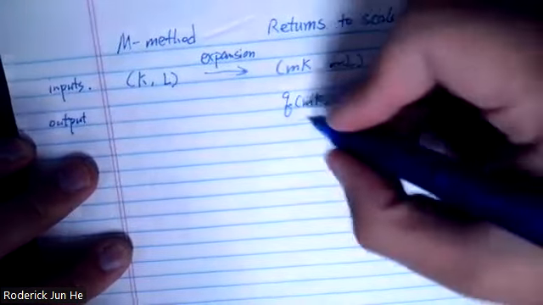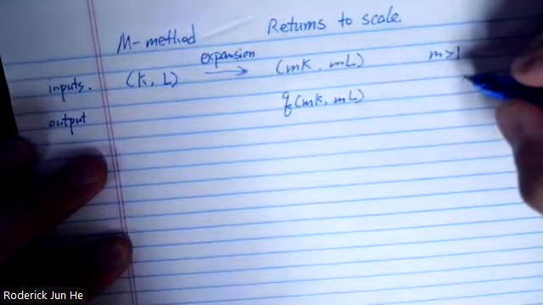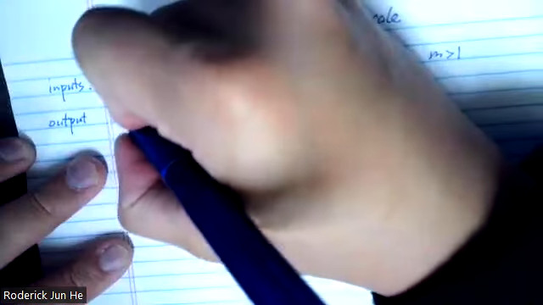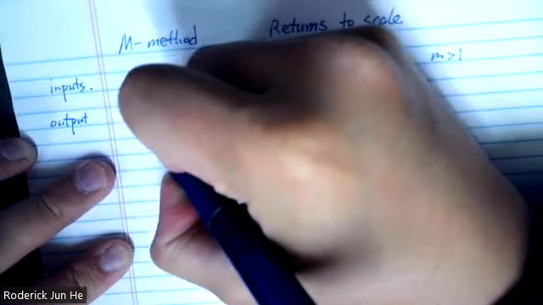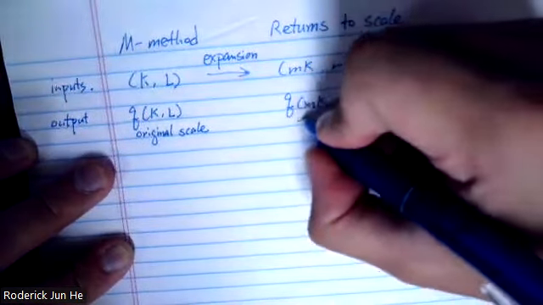And here we are comparing this to firms of original scale, right? This is original scale, and this is expanded scale.